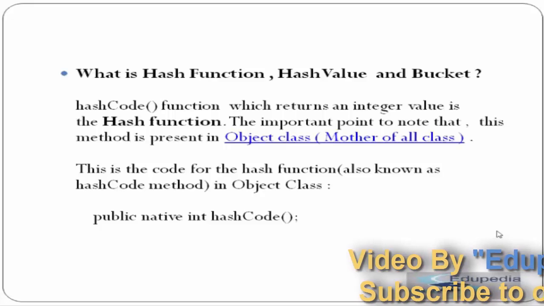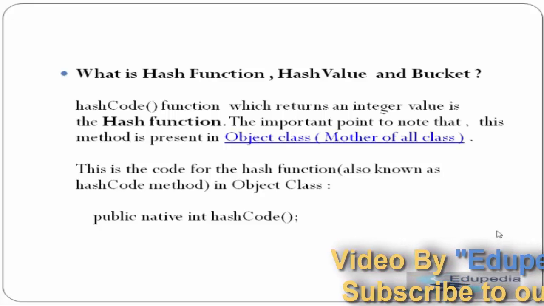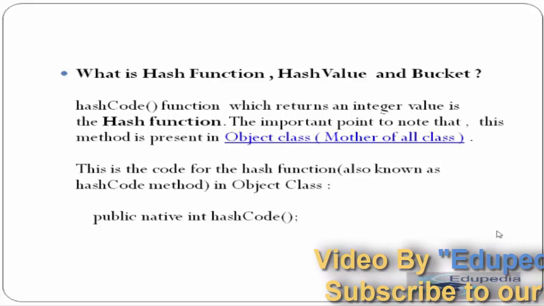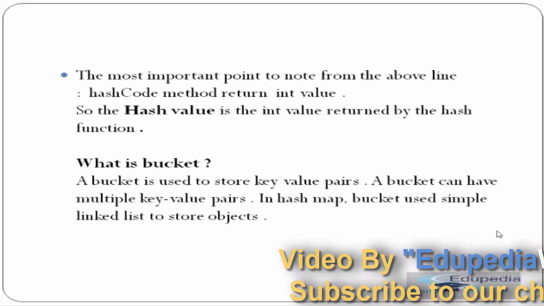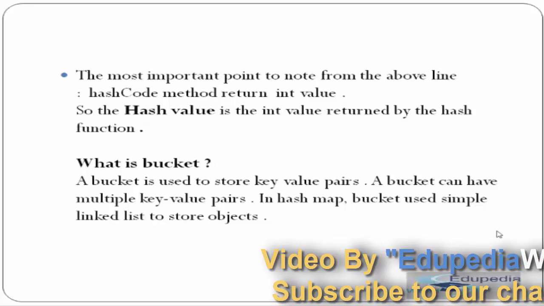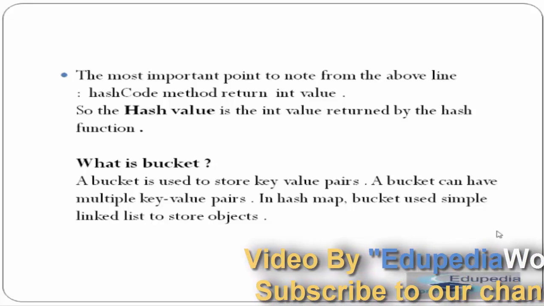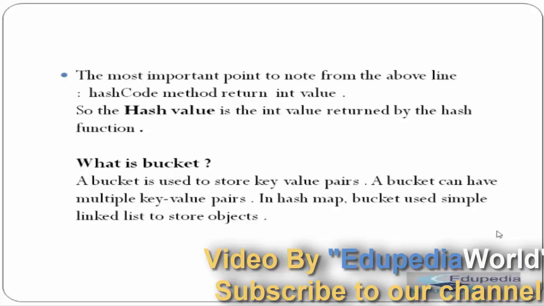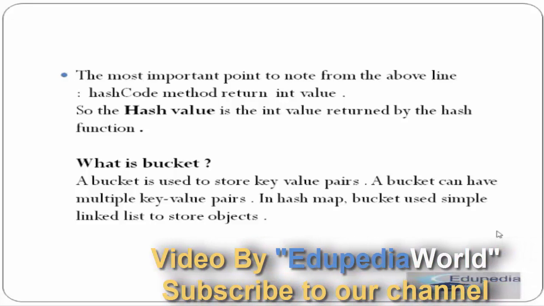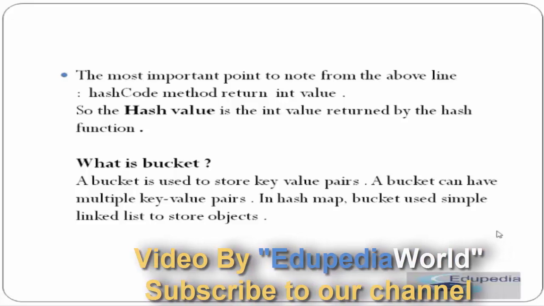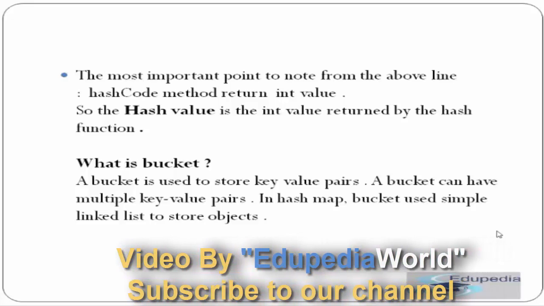Sorry, it is public native, so it's a public method which returns an integer value. The most important point to note from the above line is that the hashCode method returns an int value. So the hash value is actually the int value returned by the hash function. So we have seen what a hash function and a hash value are.